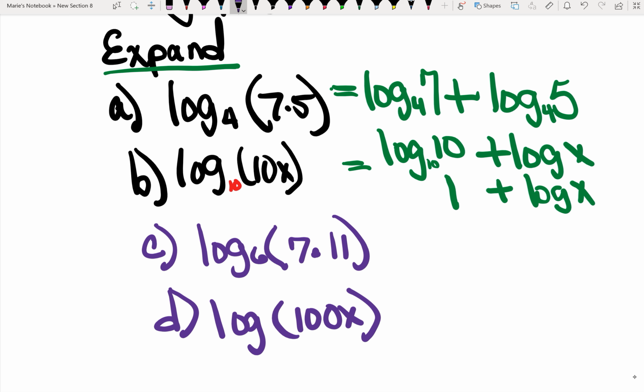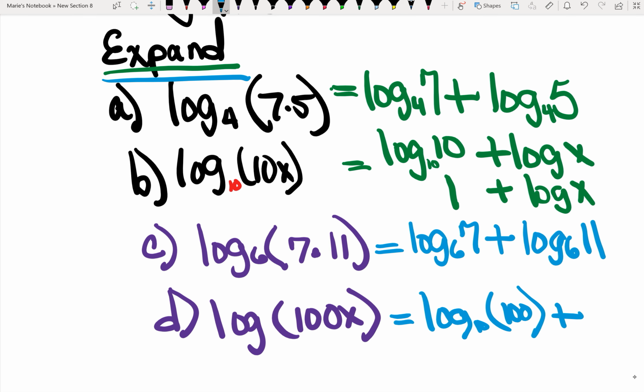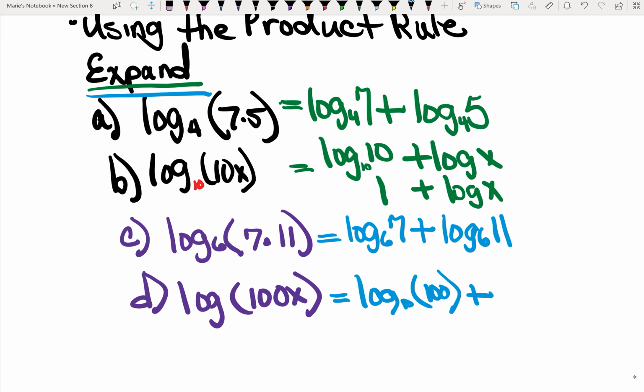So as we solve this first question, you should basically have log base 6 of 7 plus log base 6 of 11. That's all you need to do for that one, because remember, they're just asking you to expand. Here I have log base 10, if you recall, that's sitting there, of 100 plus log base 10 of x.